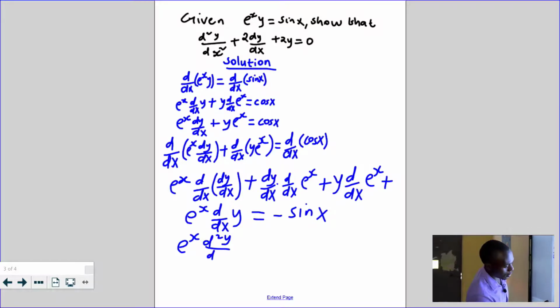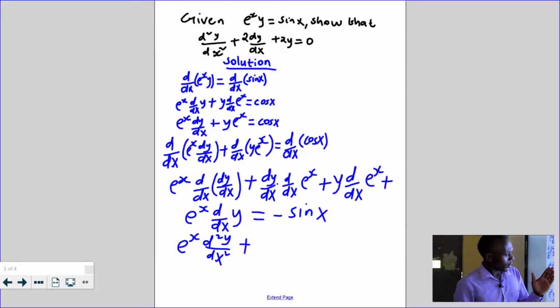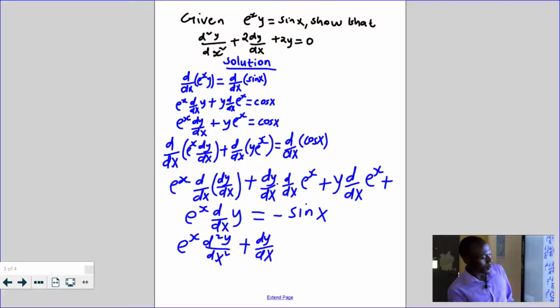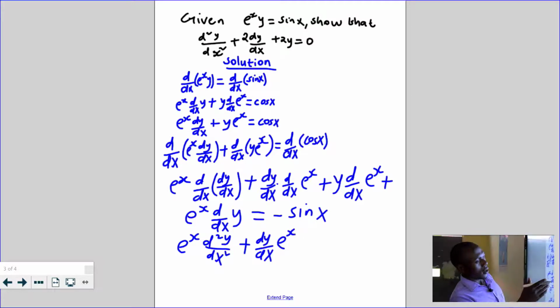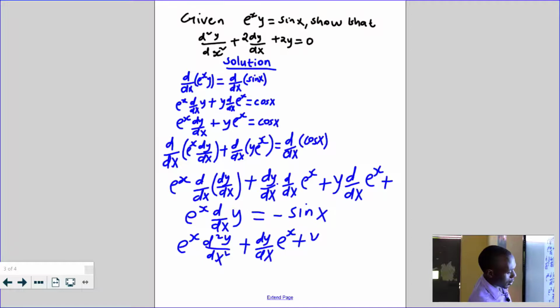So we are done with that one. And then we go to the next one. It is dy/dx. Then differentiating a constant, we remain with it. The constant does not change. And then plus y. Then differentiating again the constant, it remains.